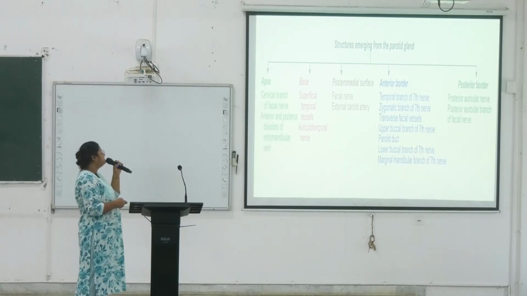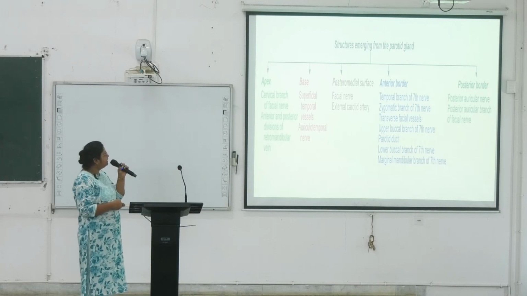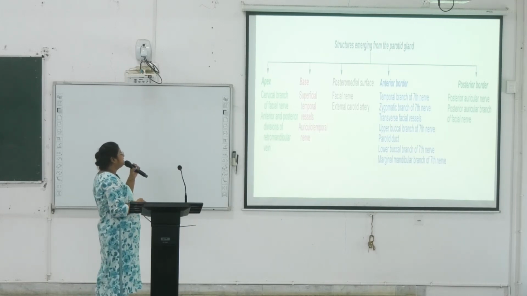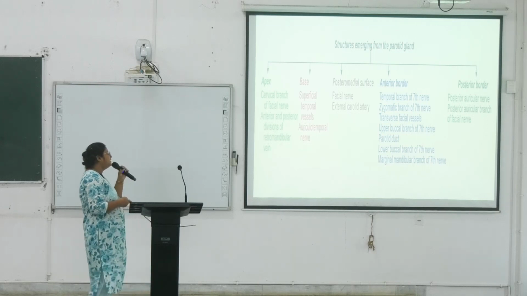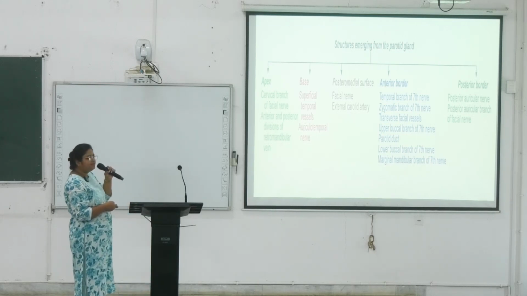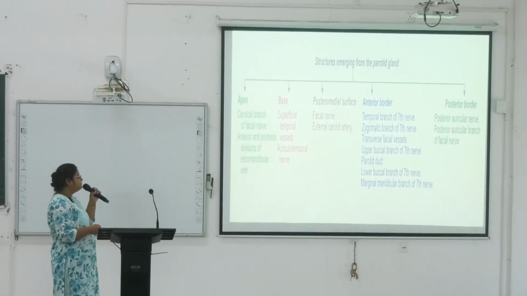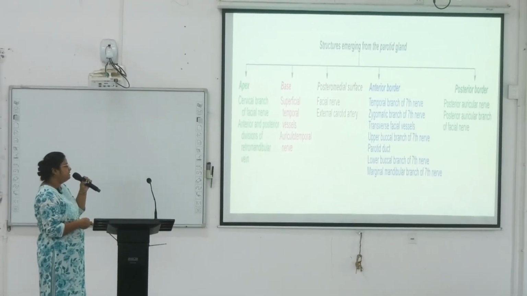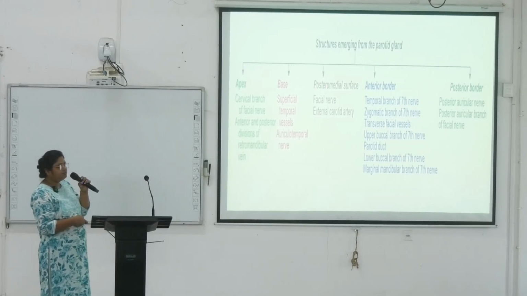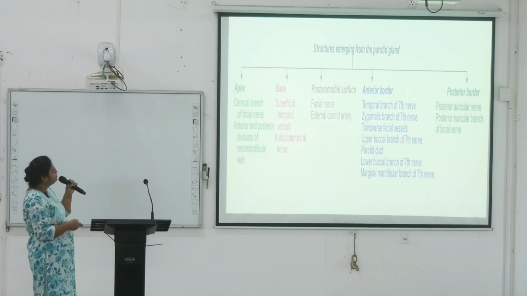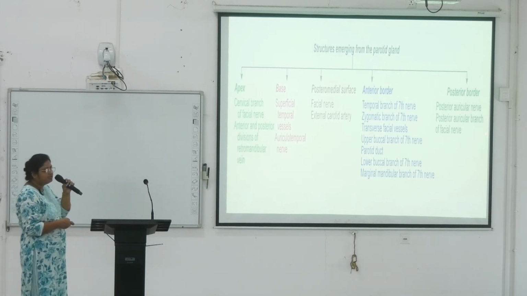Posteromedial surface, facial nerve, external carotid artery, and anterior border, temporal branch of facial, zygomatic branch of facial nerve, transverse facial vessels, upper buccal branch of facial nerve, parotid duct, lower buccal branch of facial nerve, marginal mandibular branch of facial nerve. And posterior border, posterior auricular nerve, posterior auricular branch of facial nerve. Okay.